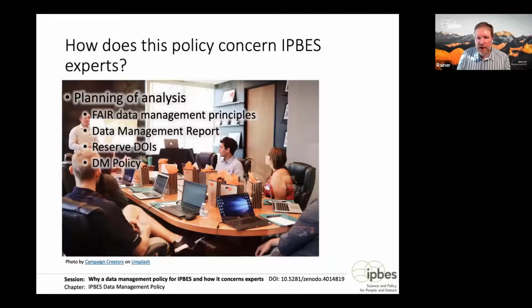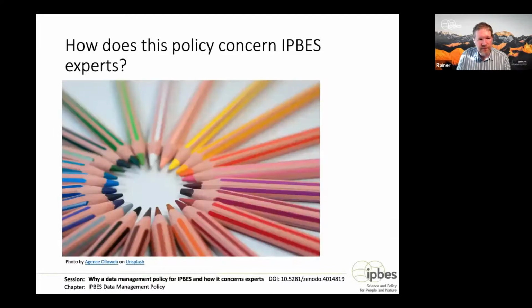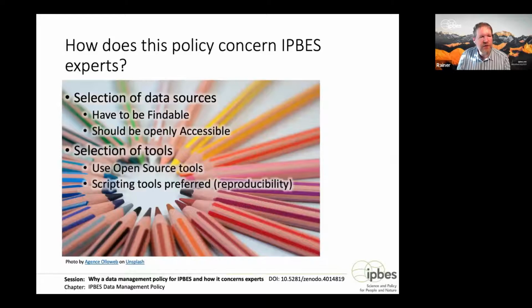The second stage is the selection of data sources and tools. For the selection of data sources, it is very important to note that all data which is used in IPBES has to be findable. So it needs to be identifiable and findable at a later stage via a reference or via a DOI or any other identifier which makes it uniquely identifiable and findable. It should be openly accessible, but it doesn't have to be.